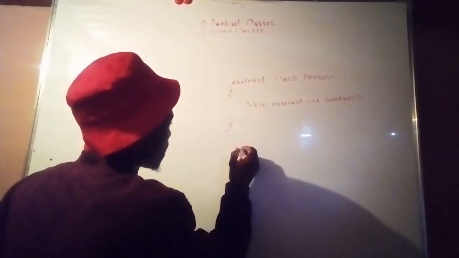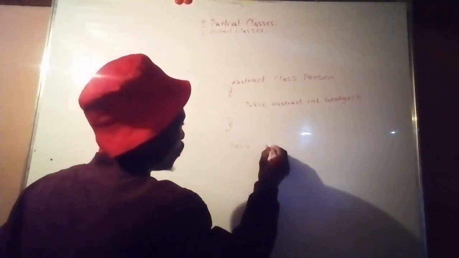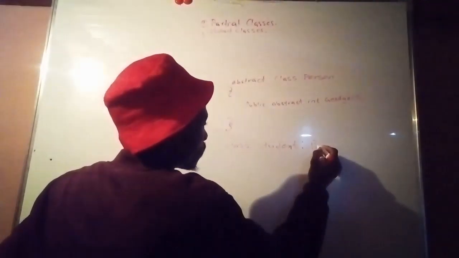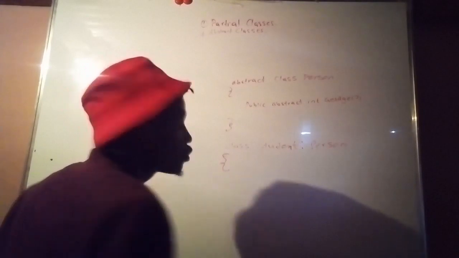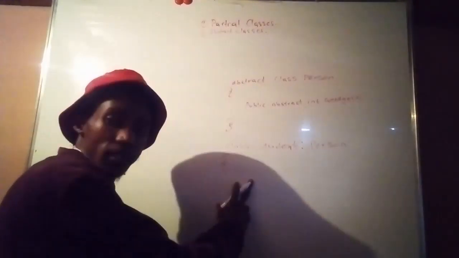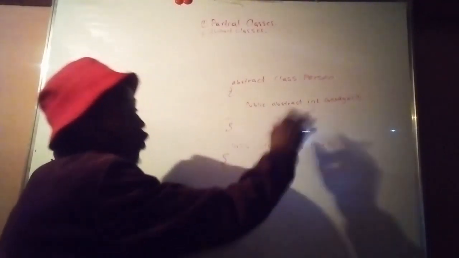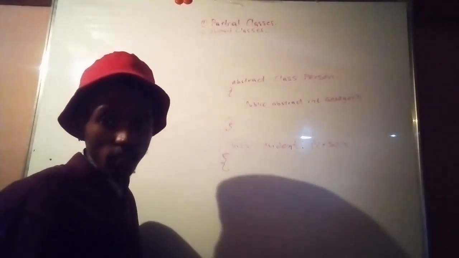So let's look at that. Here is our student type, which we want to be based from person. Once we do that, we are forced to have an implementation of this member and all the other members that will be defined within that abstract type.